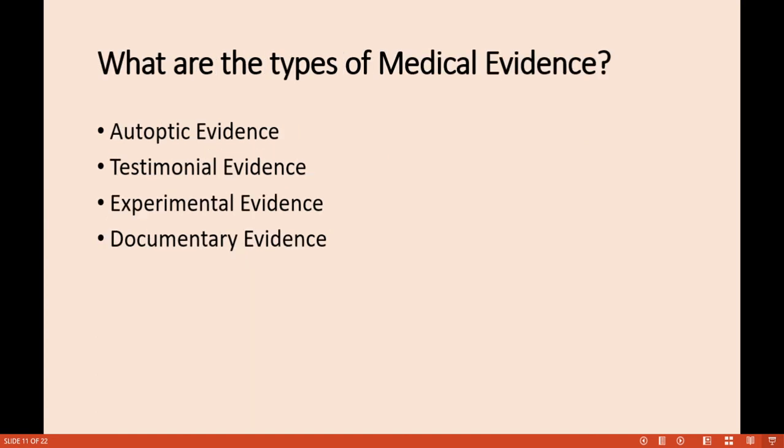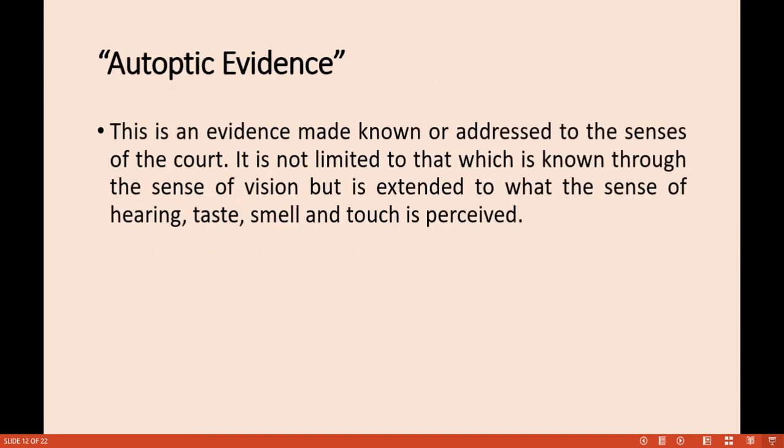So what are the types of medical evidence? There are autoptic evidence, testimonial evidence, experimental evidence, and documentary evidence. When you say autoptic evidence, these are evidence made known or addressed to the senses of the court, so it can be seen in court.